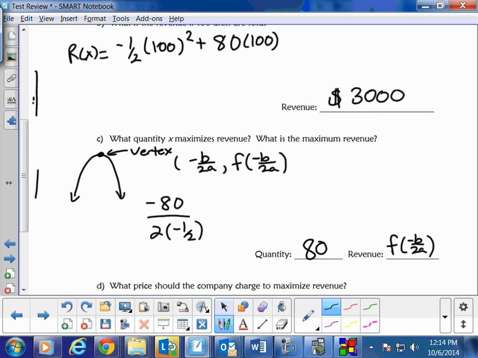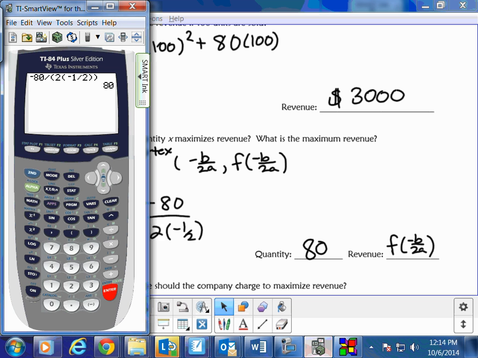Okay, great. Now let's see what the function of that is. Instead of putting 100 in there, we're going to put down 80. So let's go back to this, and I'll type in negative 1 divided by 2, times 80 squared, plus 80 times 80.